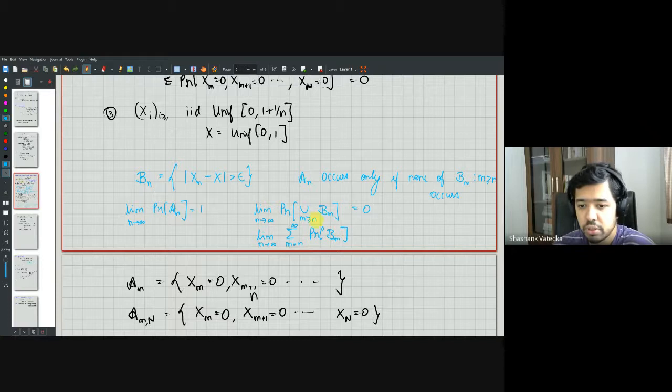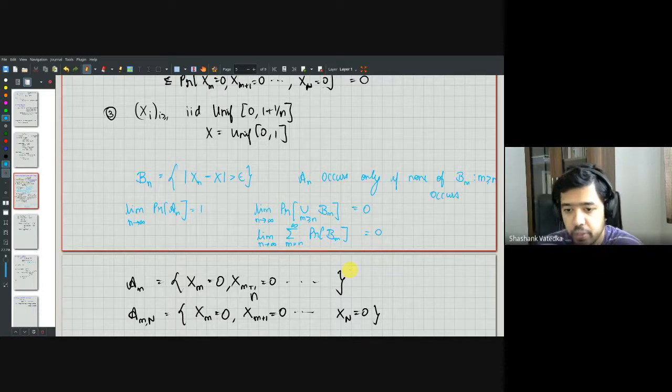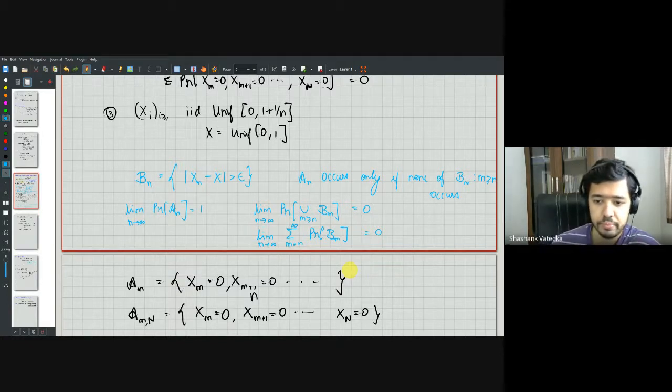So if you can show that this limit is equal to 0, then you're done. If you can show this, then it's sufficient to show that the sequence converges almost surely. Right? So this is one approach. If you can somehow prove that this is equal to 0, then that's good enough. All right.